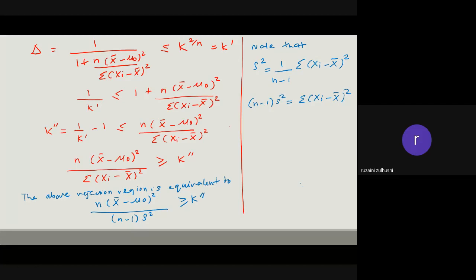To make it much simpler, we modify again. Let's say I leave n here, we will have n x bar minus mu naught square over S square, and I bring n minus 1 over here, n minus 1 K double prime. This n minus 1 is still a constant value.